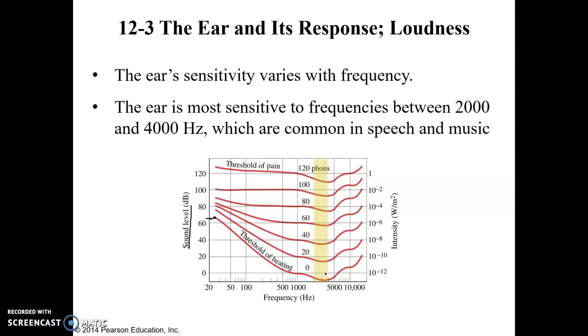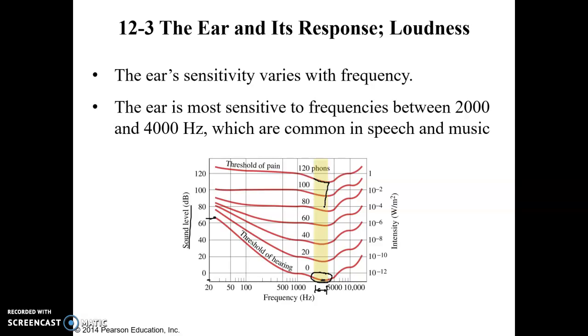Whereas if we look in this range, which I've highlighted yellow, it doesn't have to be very loud at all. It can be incredibly soft, and yet we can hear it. These various red lines indicate various ranges from the threshold of human hearing all the way up to the point that will cause pain.